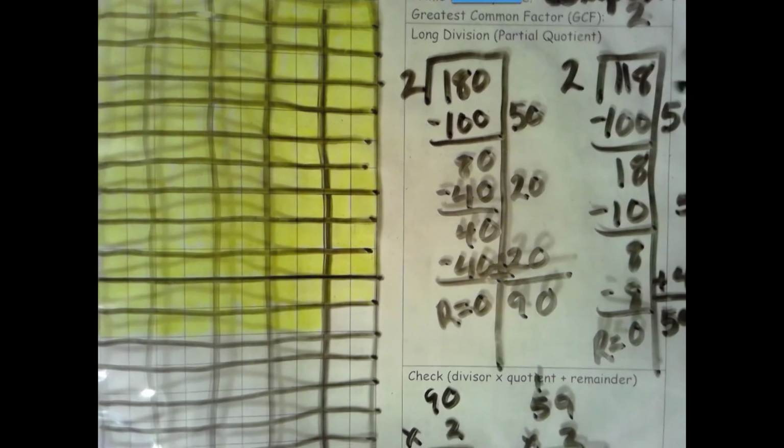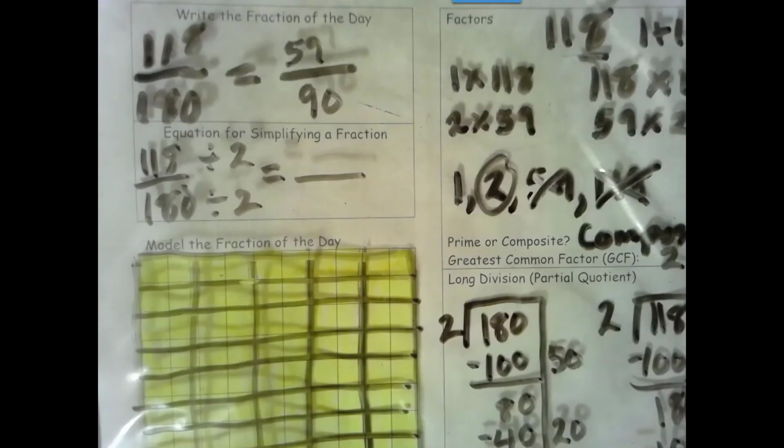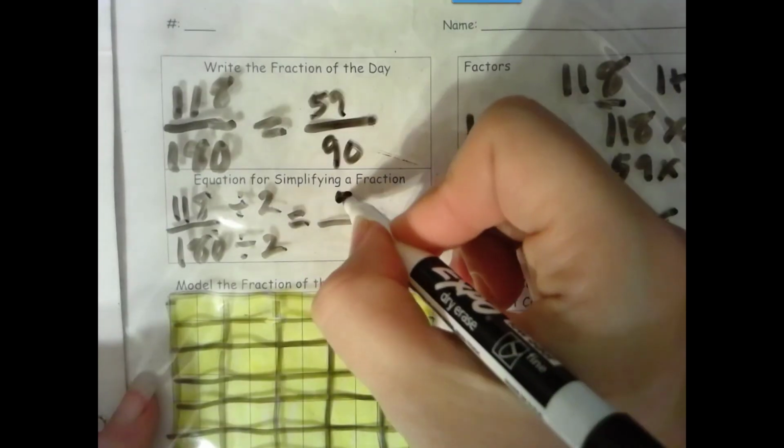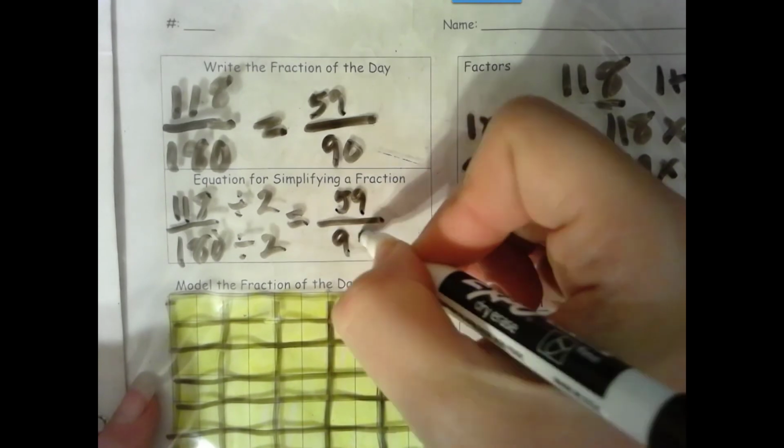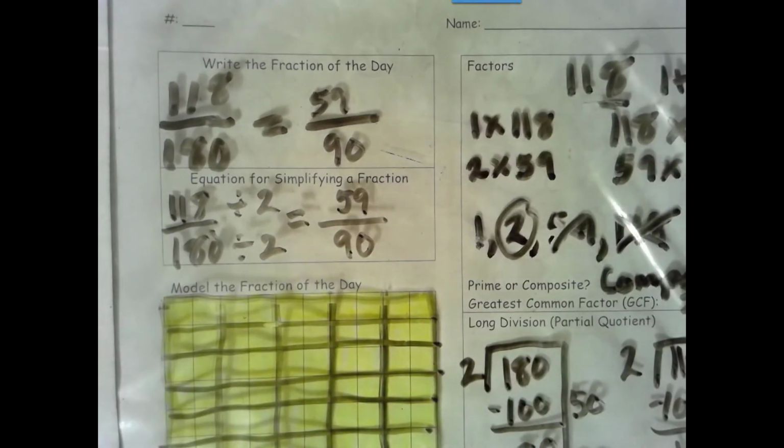Okay, 118, that matches our dividend up here, so that checks. 180, that matches our dividend up here, so that checks. So our numerator is definitely 59, and our denominator is definitely 90.